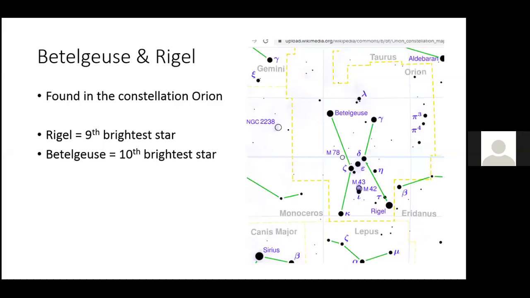Within Orion, again, here are the three sisters along Orion's belt. There are also two very bright stars, Betelgeuse and Rigel. Betelgeuse is up here, and Rigel is down here on the foot and the arm, I guess, of Orion. But those two are very recognizable stars in the constellation Orion.